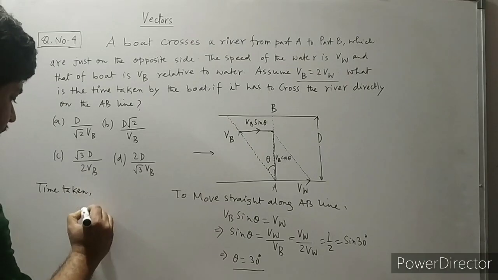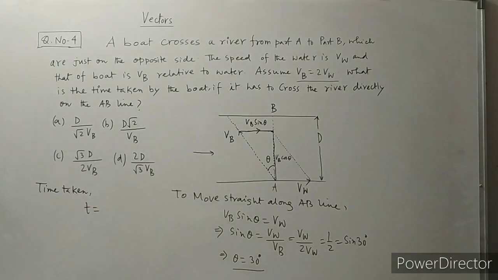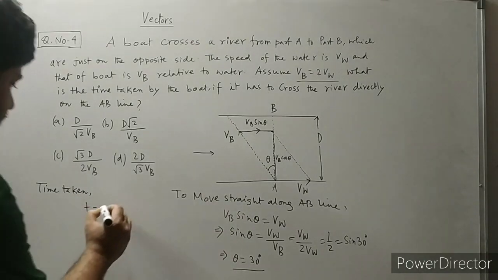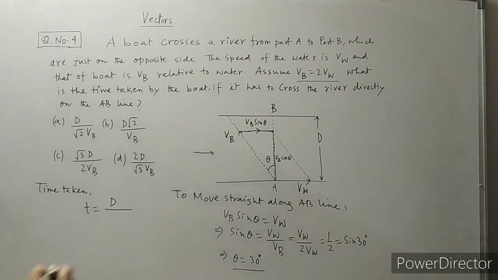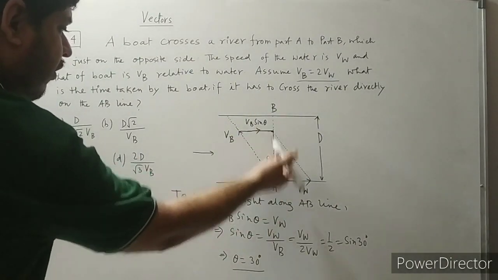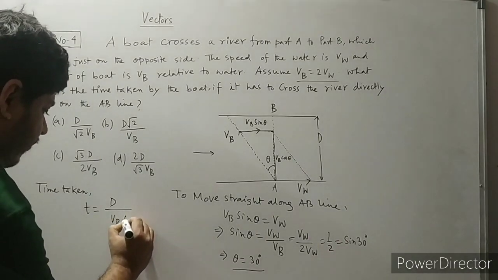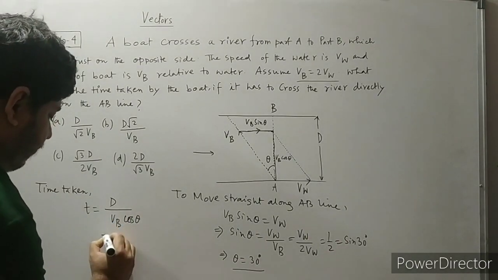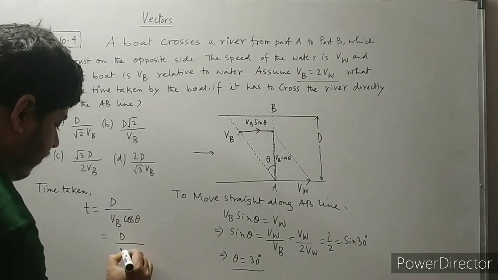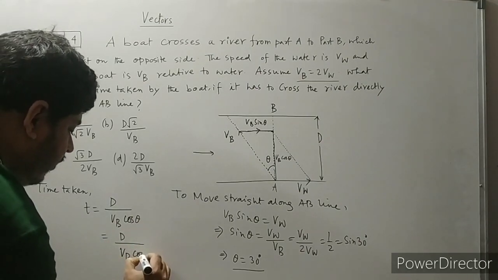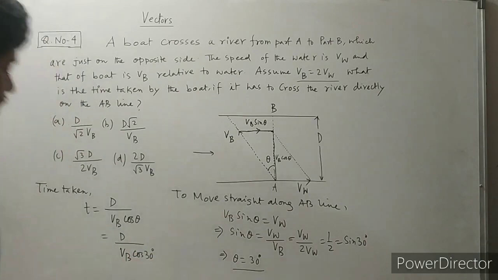Time taken, t, will be what? Distance by velocity. So distance is capital D. What is the velocity? VB cos theta. So it will be D by VB cos theta. We know cos 30 is equal to root 3 by 2.